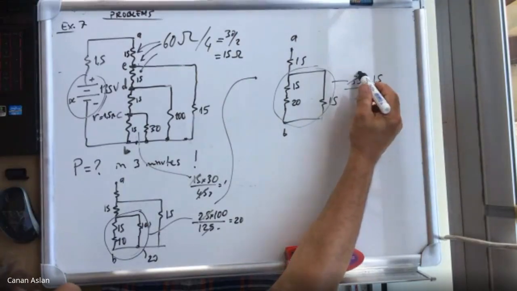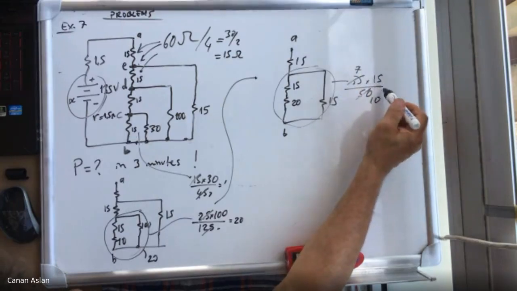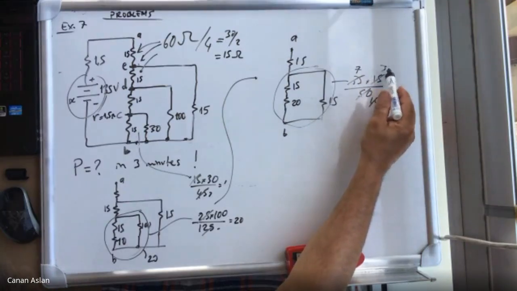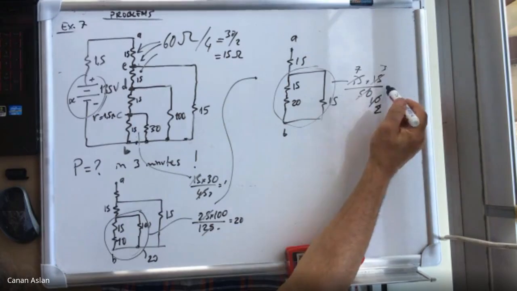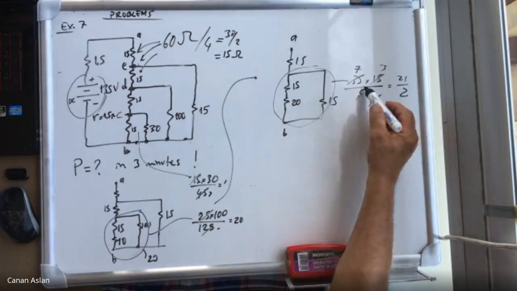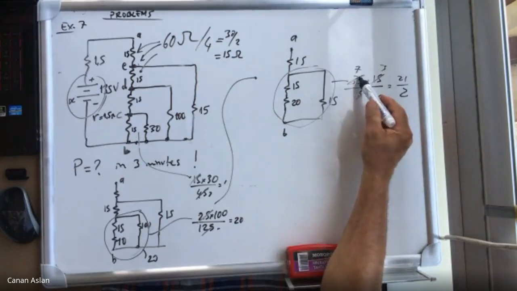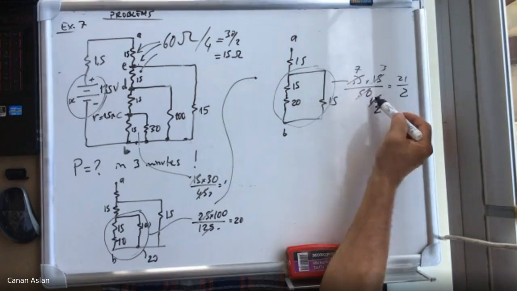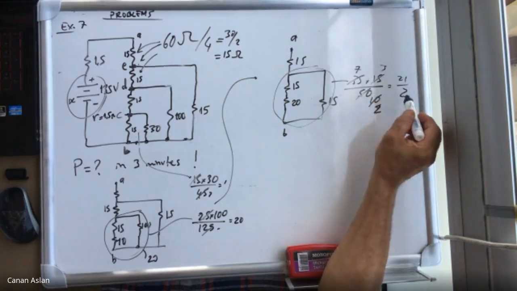This is 10, 7, and then this is 3, this is 2, okay, divided by 5. 21 over 2. Is this correct? Let's check. So we divide this by 5, 7 times 5 is 35, and divide this by 10, we get 7 over 10 there, but this is 15 and 10, which gives you 3 over 2, 21 over 2, that's right.